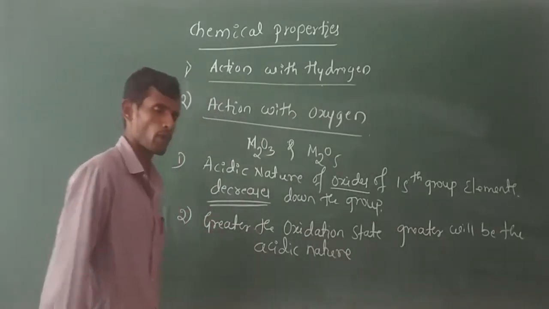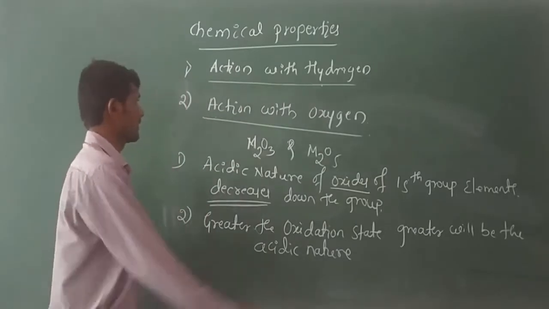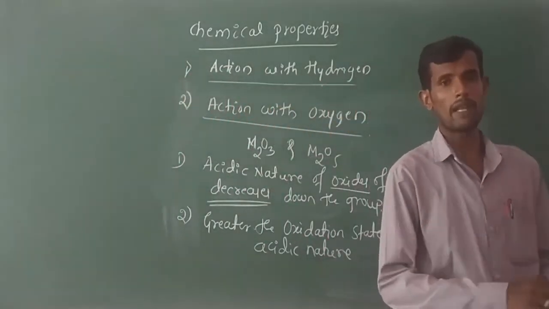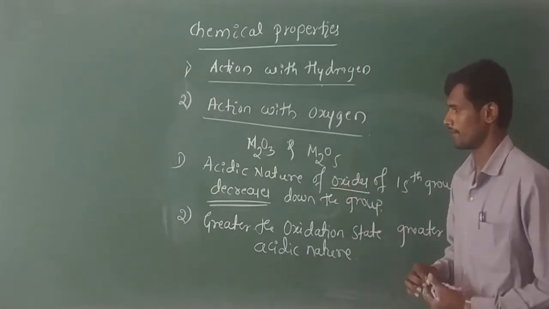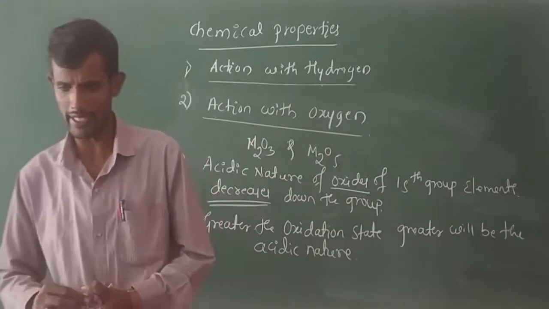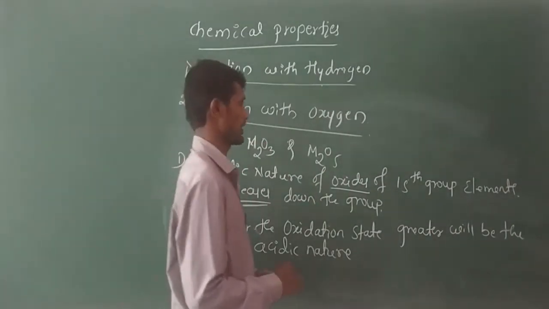Yes, these are two important points related to the reaction of 15th group elements with oxygen. If you know this concept, then it is very easy to answer the two questions.